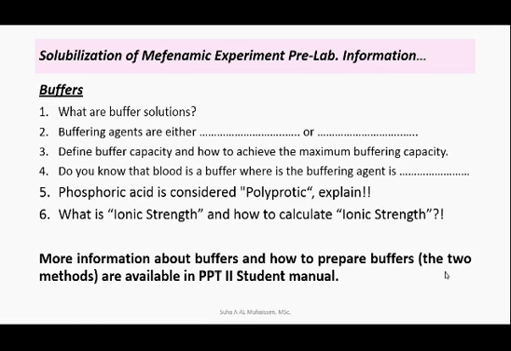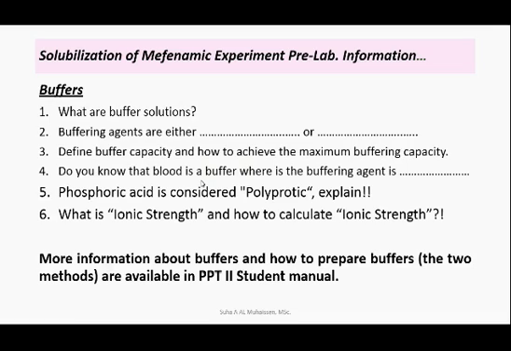It is worth mentioning that our blood is a buffer solution, and the buffering agent in our blood is the bicarbonate. One of the most important buffering agents and one of the most widely used buffering agents is phosphate. Why?